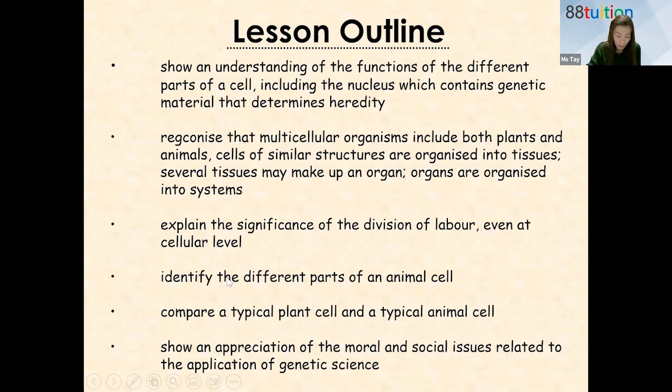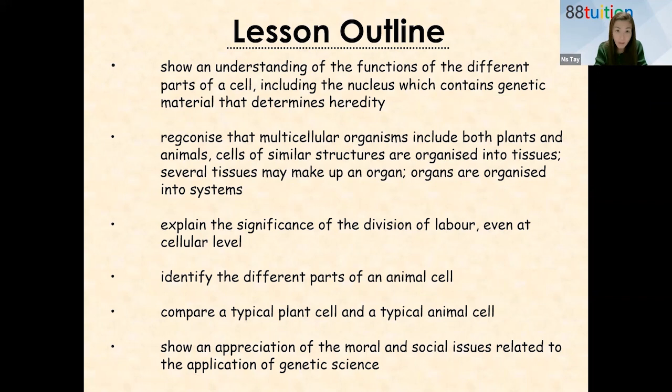Now you must know different parts of an animal cell. You learned this already in primary school. It's just that you learn something extra when you are in secondary school now, just a little bit more. And then compare a typical plant cell and typical animal cell. So for the comparison, they will ask you, what's the similarity? What's the differences? Can you list down 2 similarities and 2 differences?